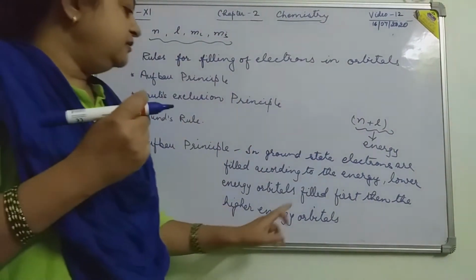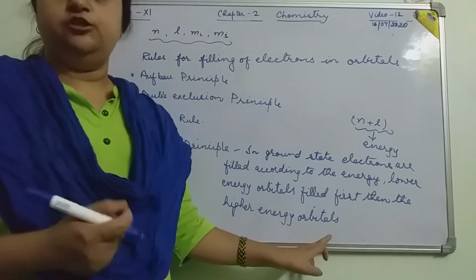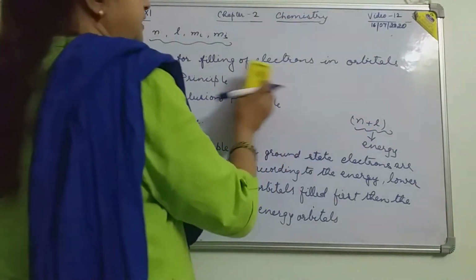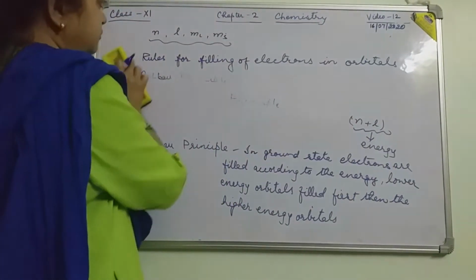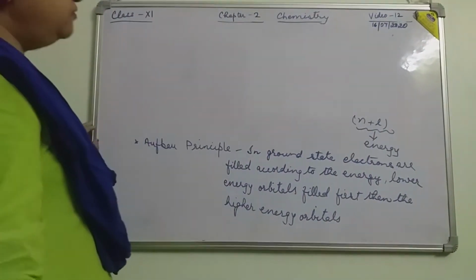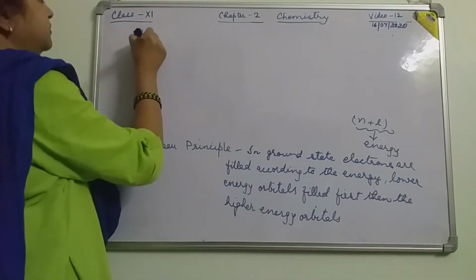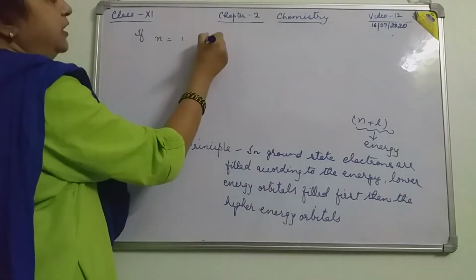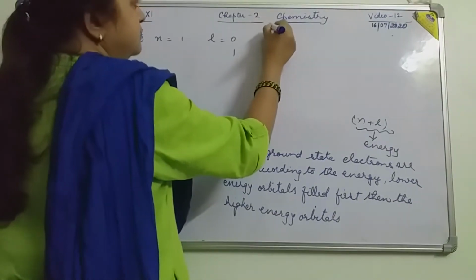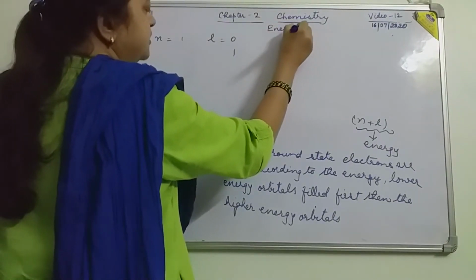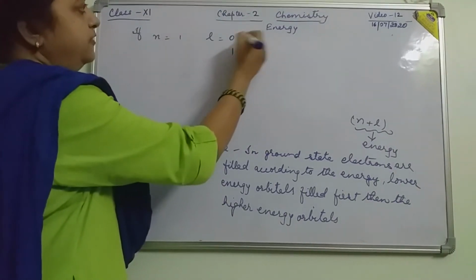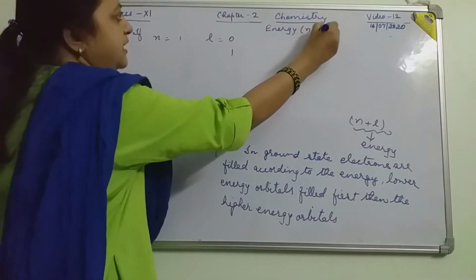We can calculate the energy of the orbital by the n plus l rule. So if n equals 1, l equals 0, and energy is equal to n plus l, as we discussed in the previous video.